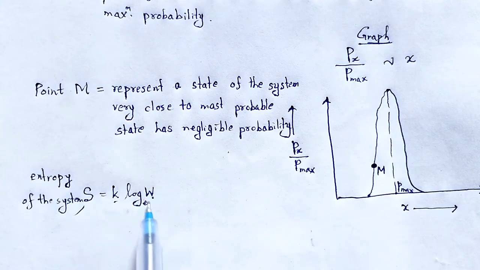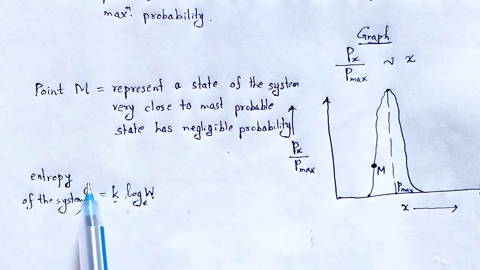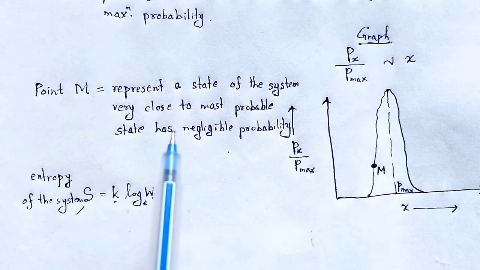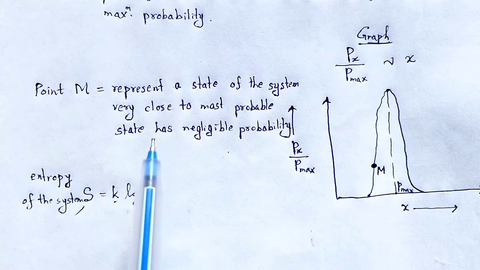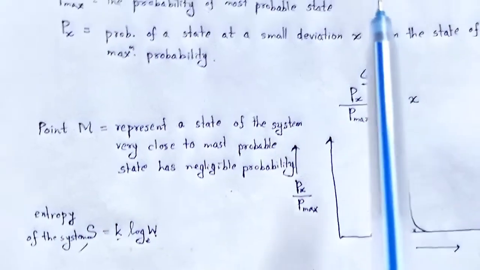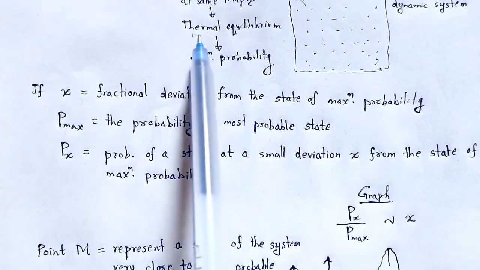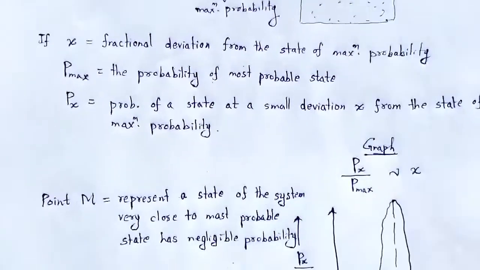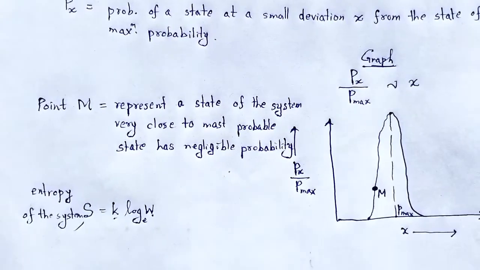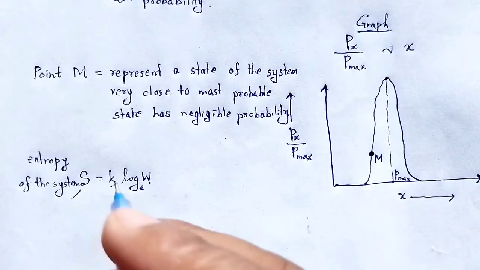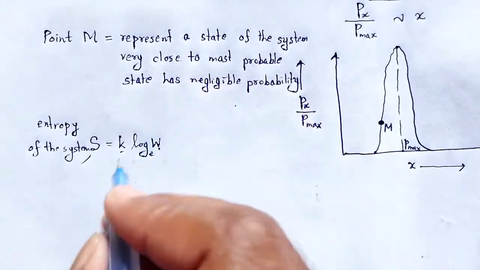Therefore, in thermal equilibrium, which is the case of maximum probability, the change of entropy will be 0.